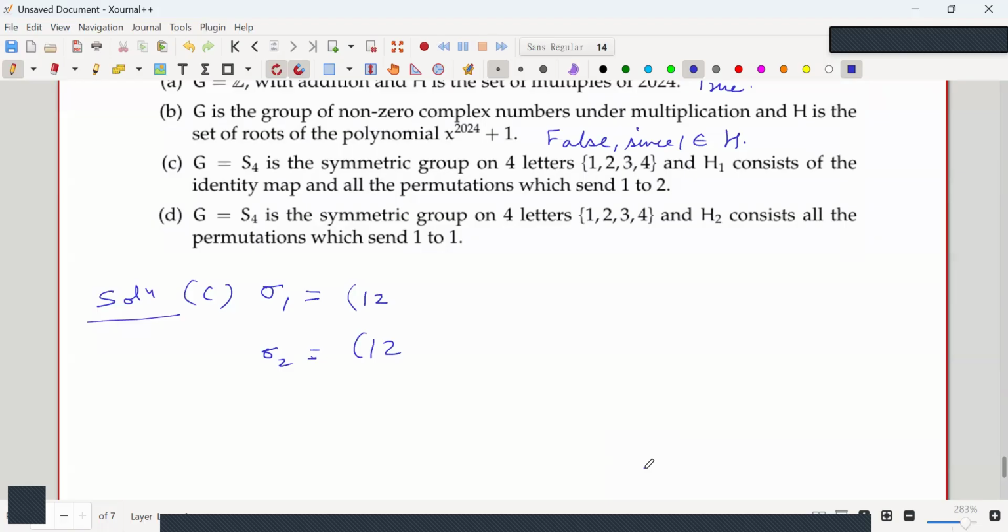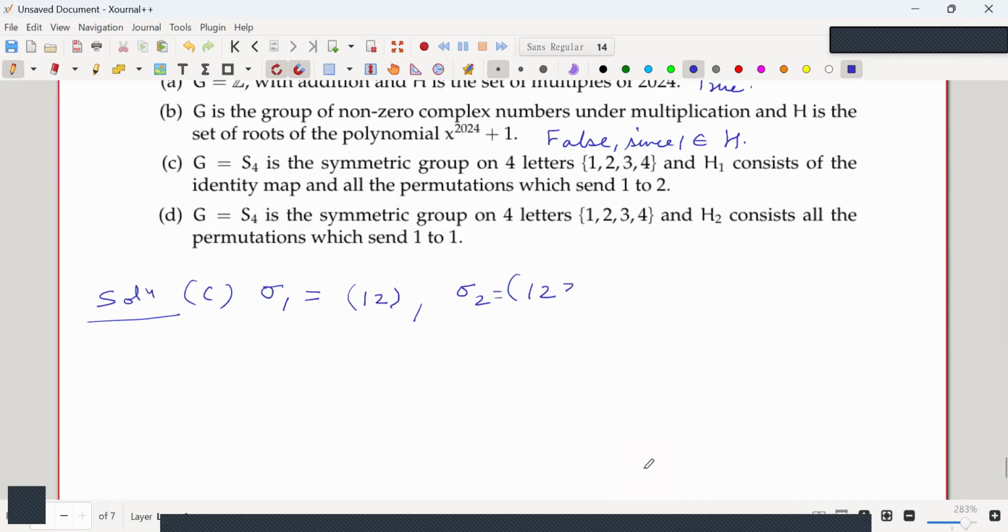So what if we just take sigma 1 equal to sigma 2? But if we take the same element, the identity is already there. So we cannot take sigma 1 equal to sigma 2 equal to (1 2), because their composition will be just identity. So we need to do something else.